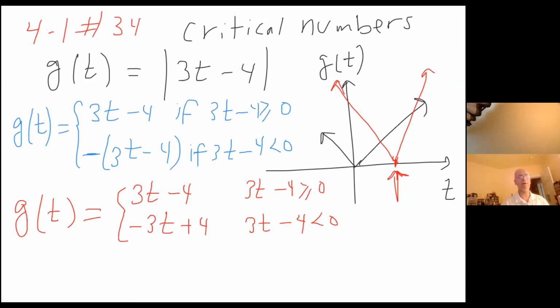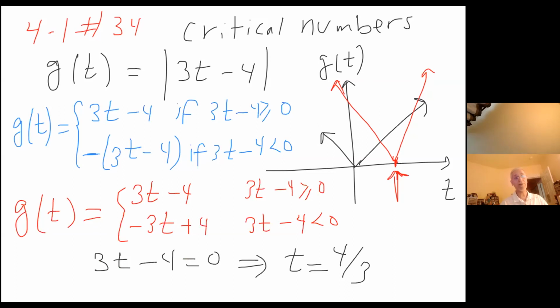Okay, I want to know where the shift from going down to going up happens. So I have to find that point. I'm going to set it equal to 0. I'm going to say that 3t minus 4 equals 0, and that gives me t equals 4/3. So when t is 4/3, that is right here, the point (4/3, 0).